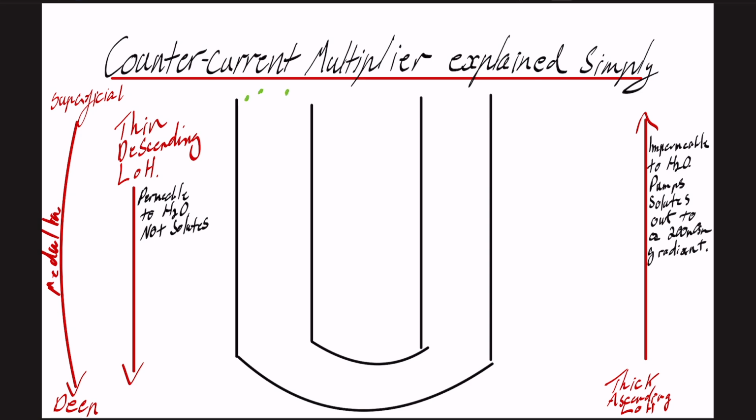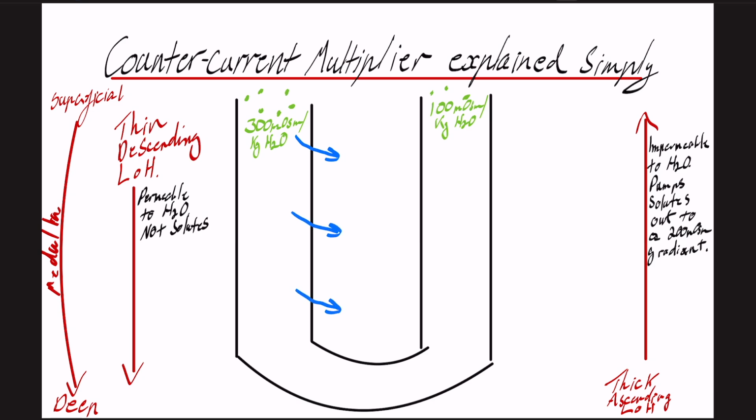So as we know from the previous video, the concentration of the filtrate coming into the loop of Henle is about 300 milliosmol per kilogram of water, and the concentration of the filtrate leaving the loop of Henle is about 100 milliosmoles per kilogram of water. Now, just to set up what's going to happen, we know that on the thin descending limb of the loop of Henle, in blue, we have water that is able to seep out into the interstitium to match whatever the concentration is in the interstitium.